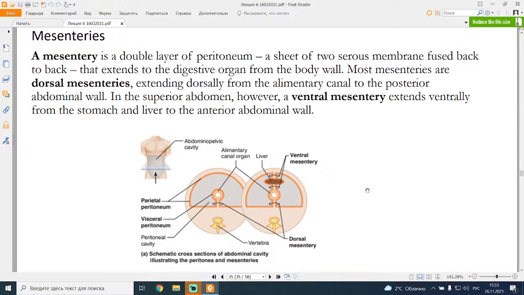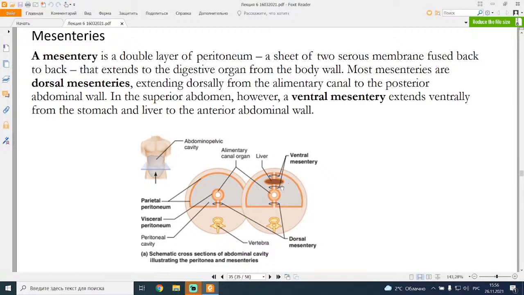Most mesenteries are dorsal mesenteries. What you see, dorsal mesenteries, extending dorsally from the alimentary canal to the posterior abdominal wall in the superior abdomen.